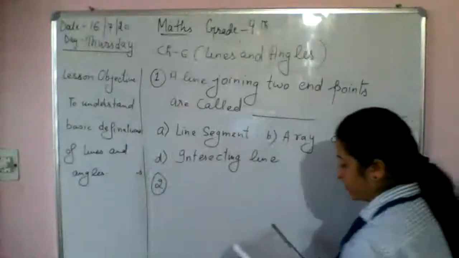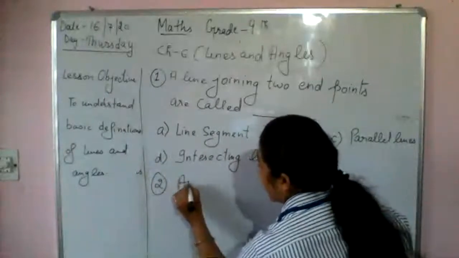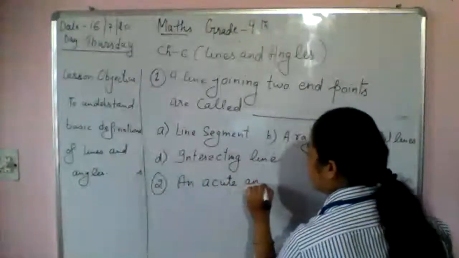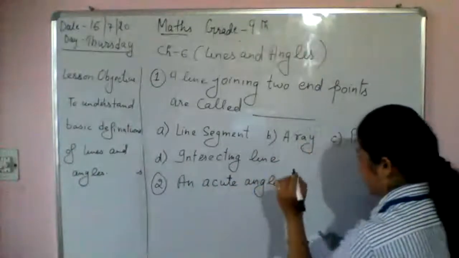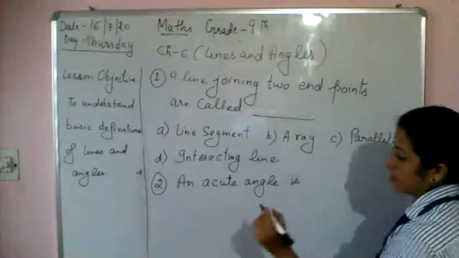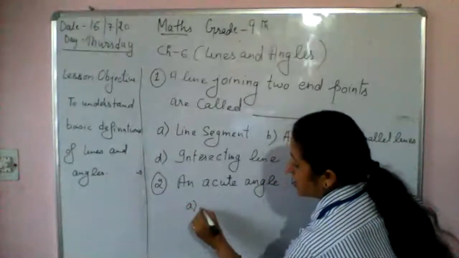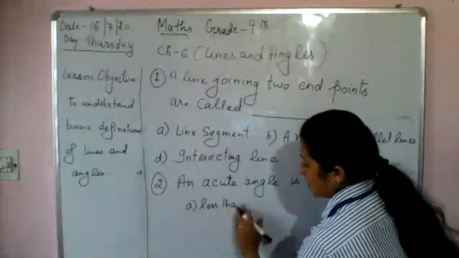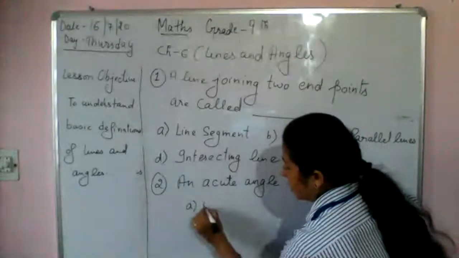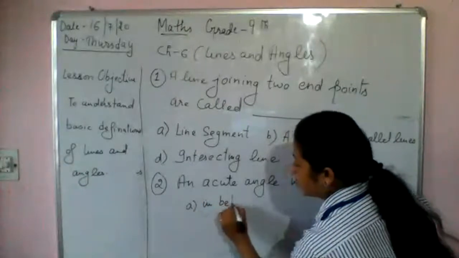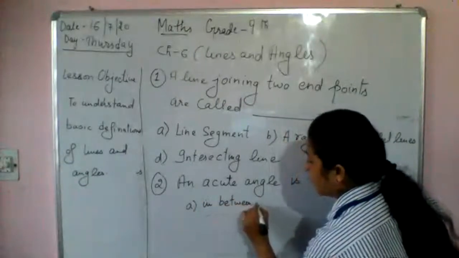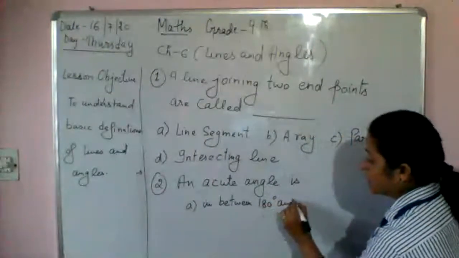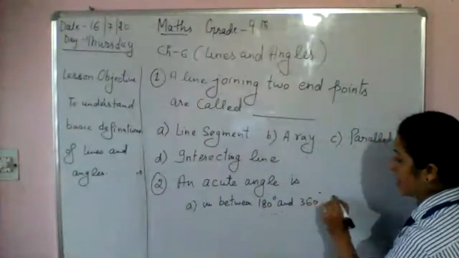Second question. An acute angle is, your first option is, you can write in between 180 degree and 360 degree.